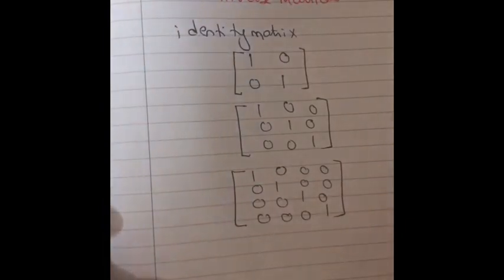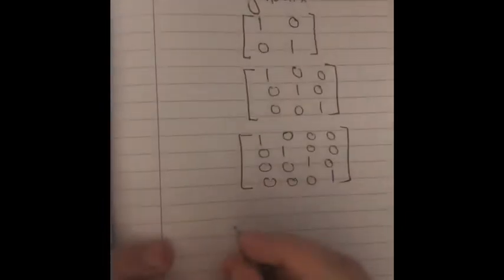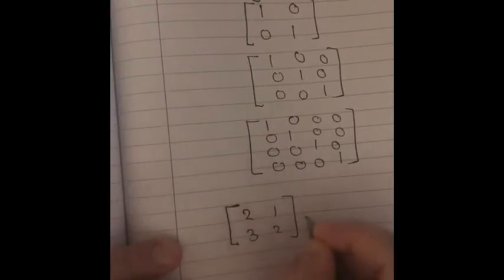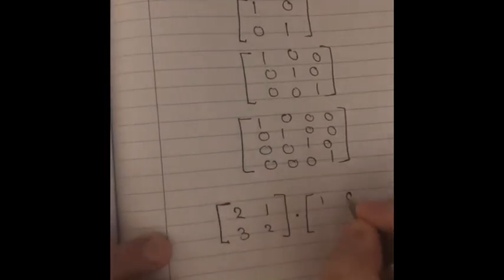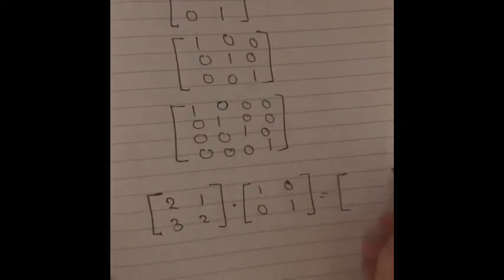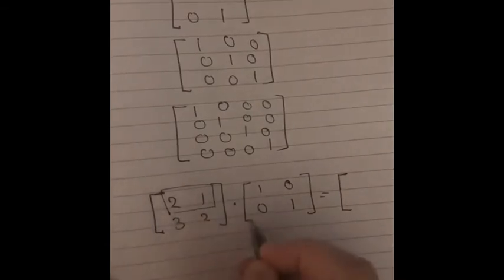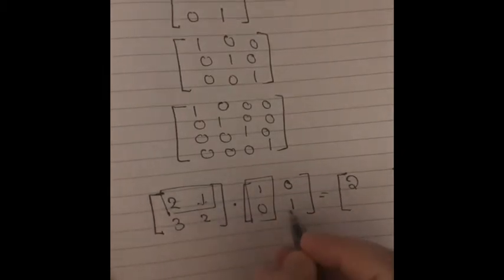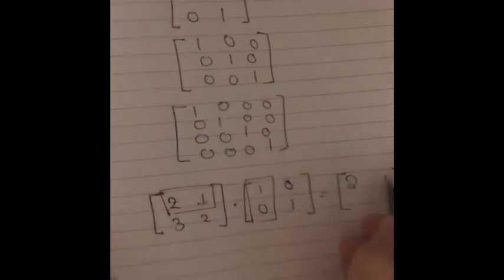Okay, what does the identity matrix do? It does nothing. It's like 1 in normal life. If I take any matrix, for example 2, 1, 3, 2, and I multiply it by the identity matrix 1, 0, 0, 1, nothing will happen to it. It will come out as the same matrix. Let's try. 2 times 1 is 2, 1 times 0 is nothing, so 2. 2 times 0 is 0, 1 times 1 is 1, so 1.